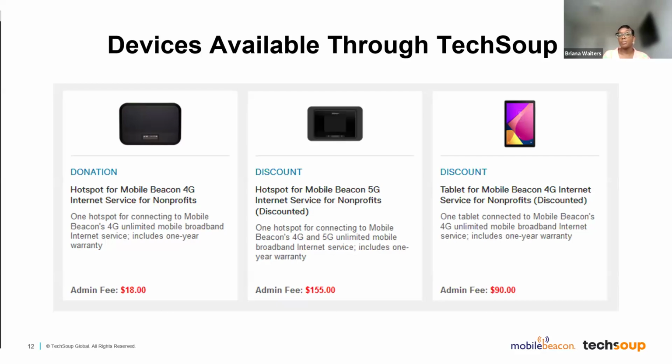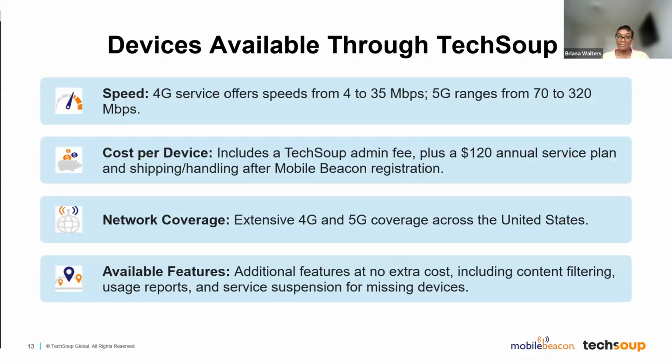The way our partnership with TechSoup works is that because they are donated or discounted, you're only paying an administration fee designated by TechSoup. Then you just come to Mobile Beacon to pay for service directly. So the hardware is donated or discounted, and all you're paying for is service. I'll dive into that on the next slide as well.